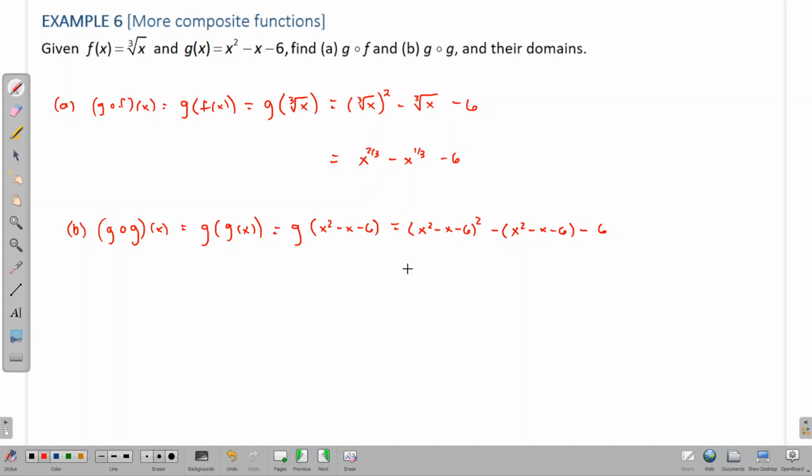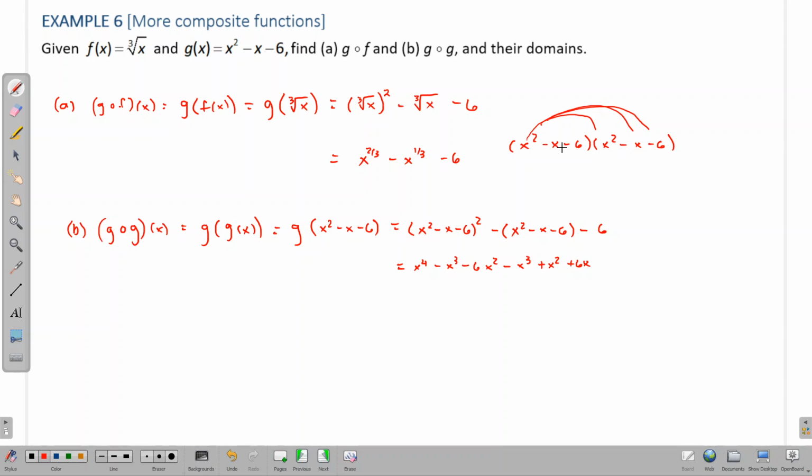Okay, so now we need to go ahead and clean this up. In order to do that, we need to multiply this by itself. It's going to be messy here, you just use the distributive property. If I send the x squared through, we would have x to the 4th minus x cubed minus 6x squared. That was distributing this to all the terms. Now we're going to distribute the negative x, so be careful with your signs here, minus x cubed plus x squared plus 6x.